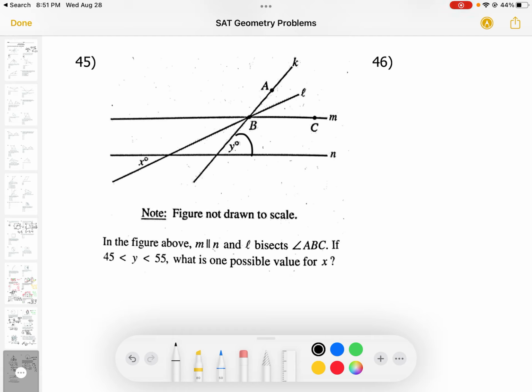If this is angle y, then so is this by the corresponding angles theorem for parallel lines. And if line L bisects ABC, this angle is y by 2, and this angle is y by 2. So that means this angle is y by 2, and this angle is y by 2.